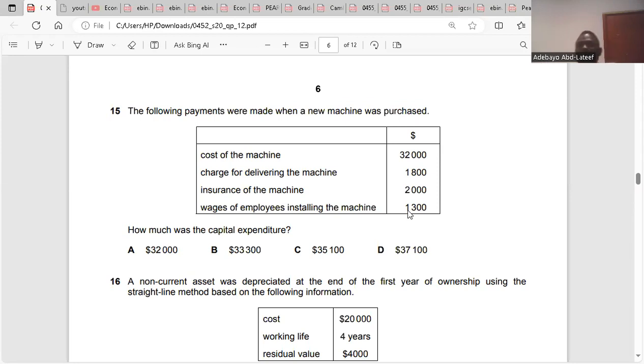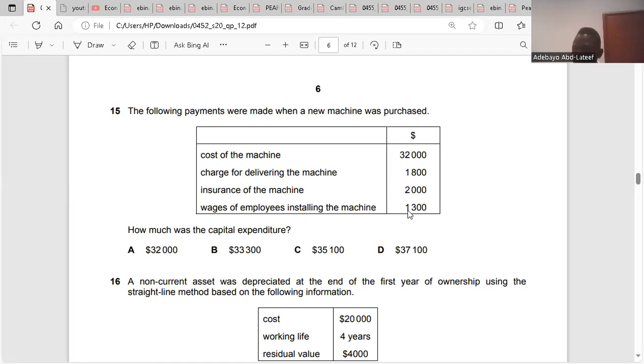Like buying a laptop, installing the software into the laptop is capital expenditure. Whatever adds value to that non-current asset is part of capital expenditure, but expenses that are recurring are revenue expenditure. Do you understand? Yes, sir. So the answer is C.